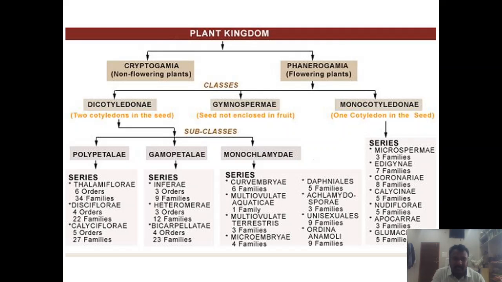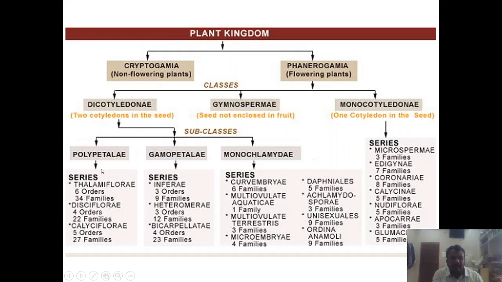This is the entire Bentham and Hooker system of classification. You can see the plant kingdom divided into cryptogams and phanerogams. Phanerogams again divided into Dicotyledons, Gymnosperms and Monocots. Dicotyledons have 3 subclasses: Polypetalae, Gamopetalae and Monochlamydeae. There are no subclasses in the classes Gymnospermae and Monocotyledons.